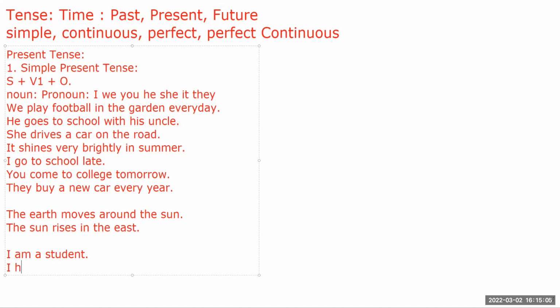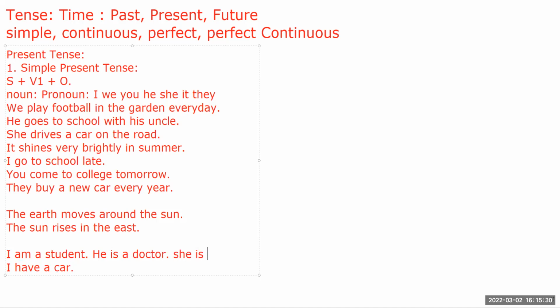Another, I can say I have a car. So here also have is the main verb. Here it is not a helping verb, so it is also in simple present tense. I have a car. This is also simple present tense. Or you can also make sentences like he is a doctor.